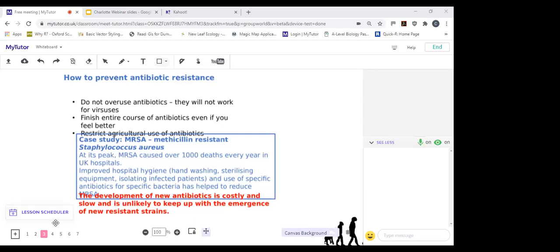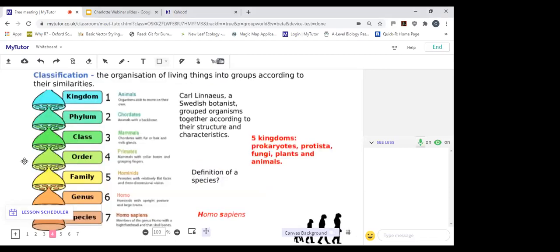Right. So the next bit of content that we need to talk about is classification of organisms. So this means organizing living things into groups according to their similarities. And the first person who did this properly was called Carl Linnaeus.